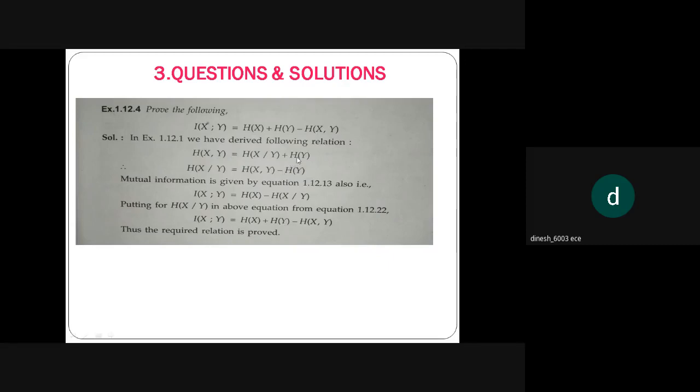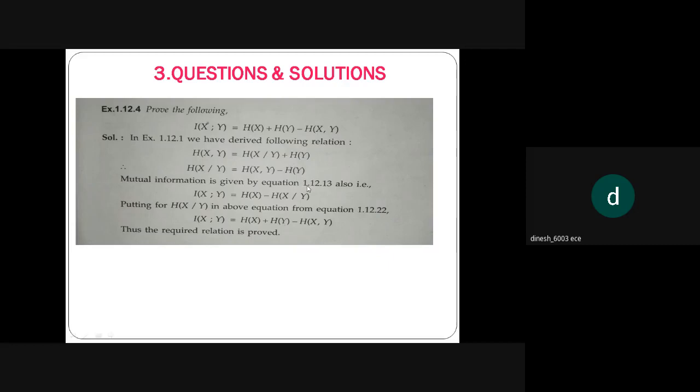So H of X by Y is equal to H of X comma Y minus H of Y.